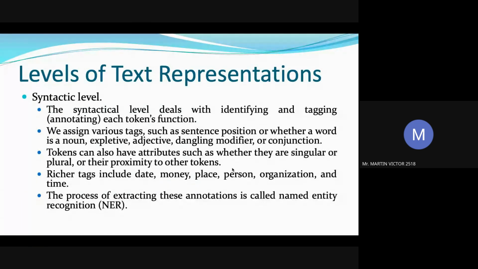That means it should have certain attributes, or we are tagging it with some function of that particular token. It could include a date, a place, a person, an organization, or even a time. So this is the next level, where we give more additional information about the tokens that have been identified.